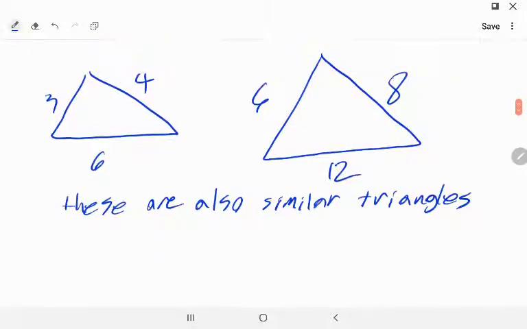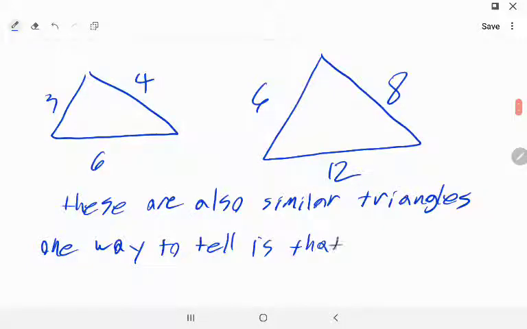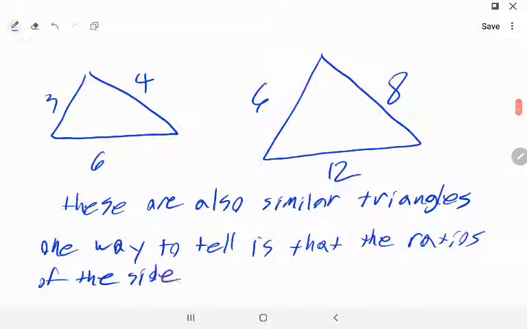And one way to tell is that the ratios of the side lengths are equal. And we actually have two ways of doing that.